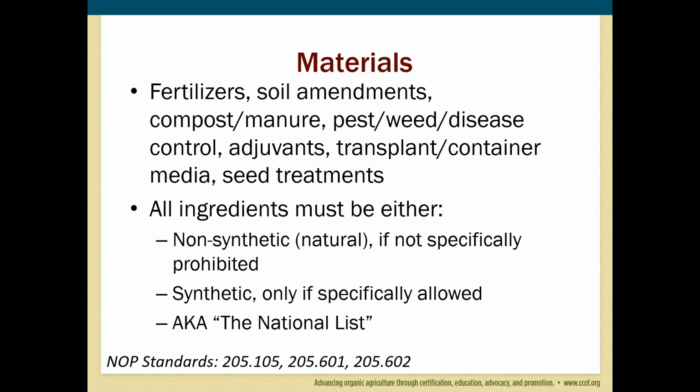So that's your fertilizers and soil amendments, compost, manure, all pest, weed, and disease control products, any adjuvants like spreader stickers, and any potting soil or growing media, and again, any seed treatments, meaning anything on the seed when it's planted. So there are also requirements for materials used on crops post-harvest, but that's outside the scope of this webinar. I'm happy to take questions from you on that later though.